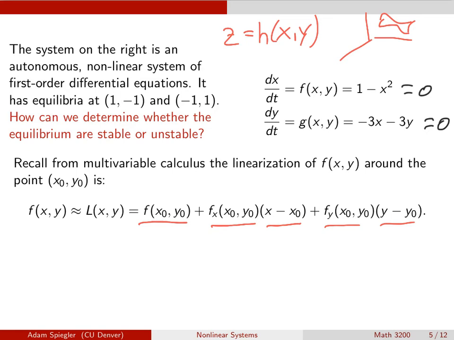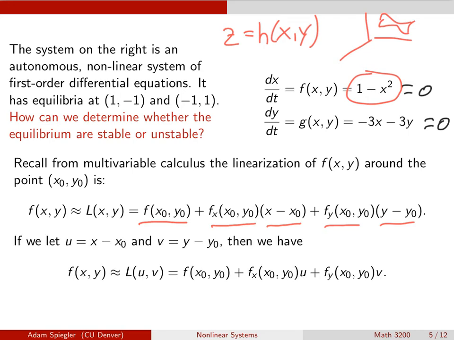So we're going to use this idea from multivariable calculus as a way of linearizing these equations up here, in particular the nonlinear equation. To make this a little bit simpler, I'm going to introduce a change of variables. I'm going to introduce a new variable u, which is equal to x minus x0.